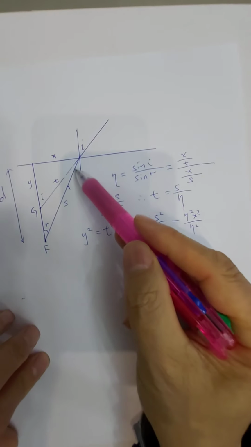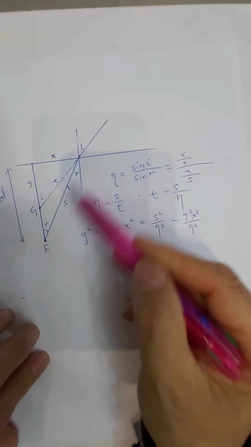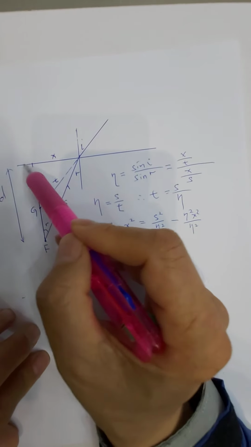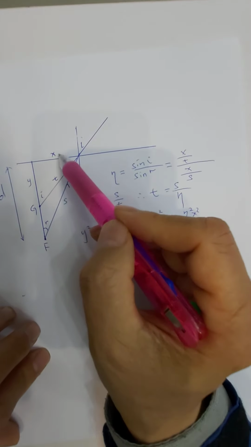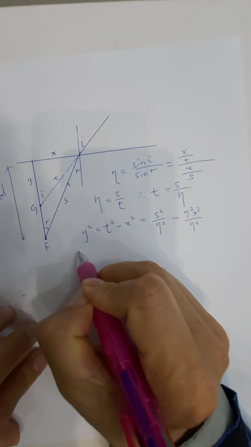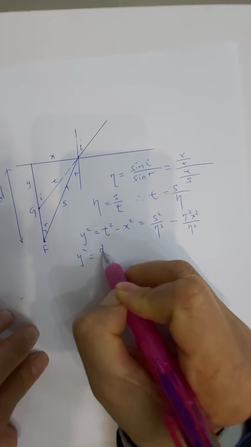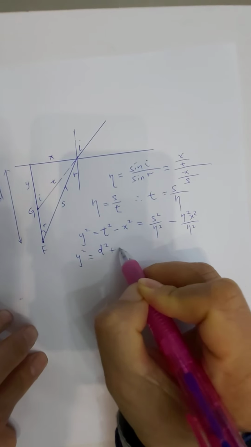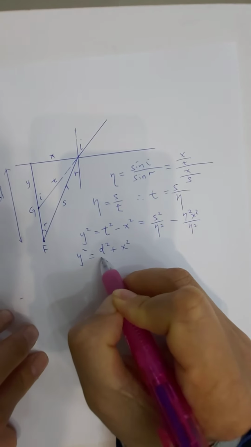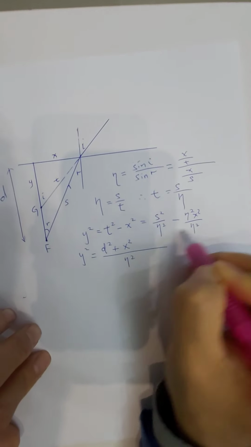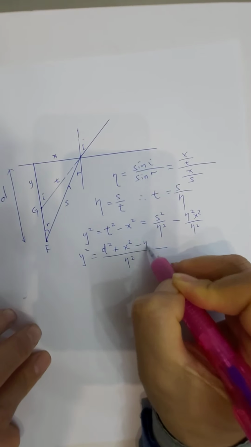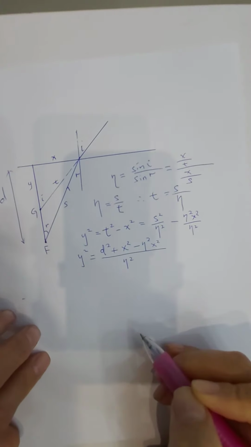Now, S is the hypotenuse of this right angle triangle. There's right angle sides, x and D. So y square is equal to S square, which is D square plus x square, over eta square, and then minus eta square x square.